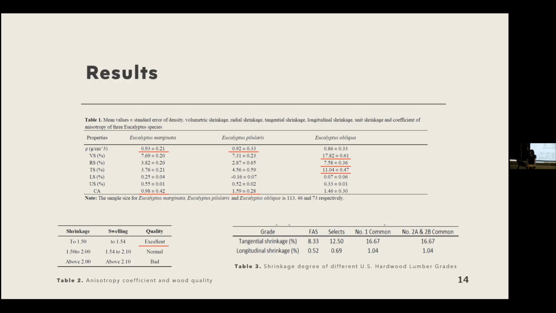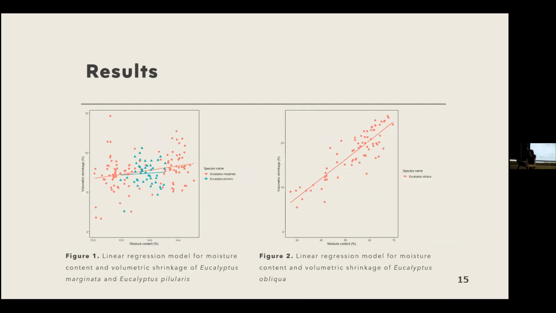What's more, referring to the hardwood inspection regulations designed by the US National Hardwood Lumber Association, that shows in table 3, for Eucalyptus marginata, both the longitudinal shrinkage and tangential shrinkage meet the requirement of the highest degree FAS, reflecting the excellent physical properties of this species.